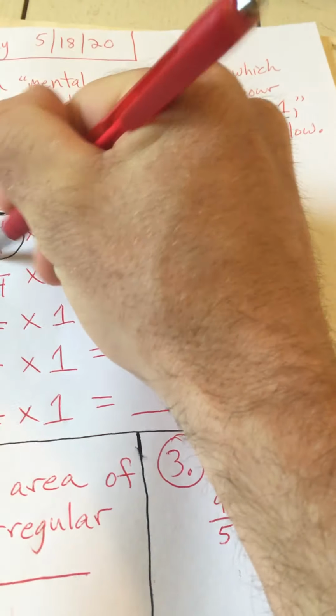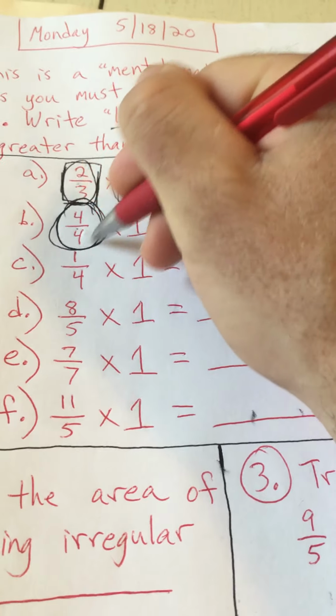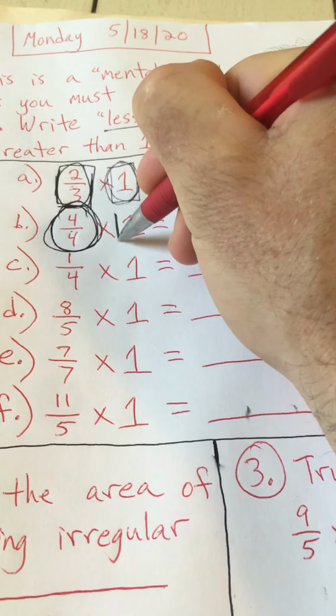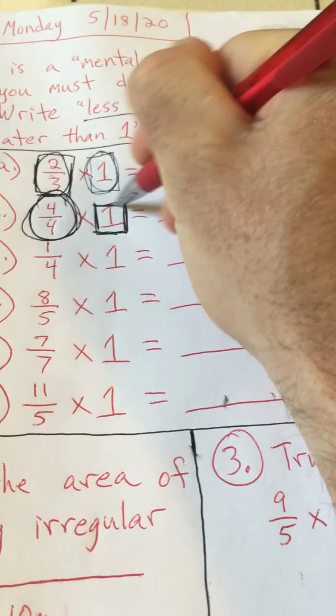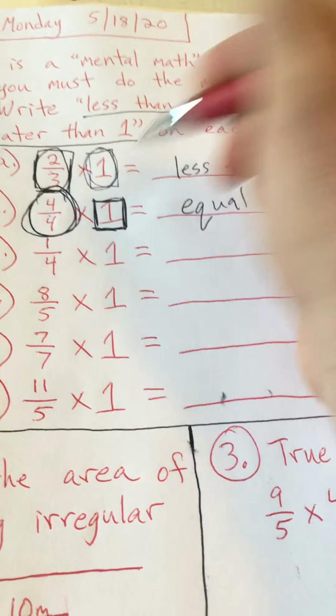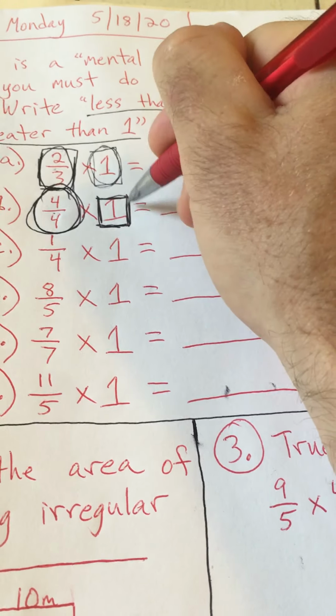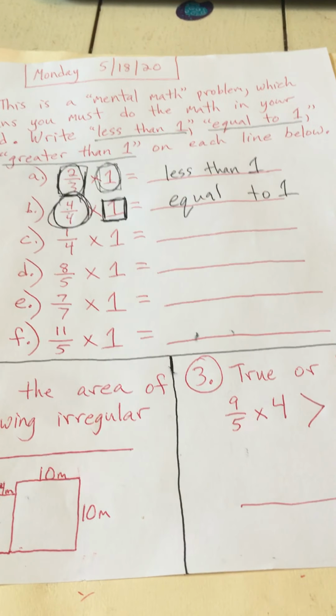Anytime you multiply a number times a fraction that's equal to 1, it's going to stay the same. If we were doing 4/4 times 3, that's really 1 times 3, and it would stay as 3. But since we're multiplying it times 1, it's 1 times 1, equal to 1 for part B.